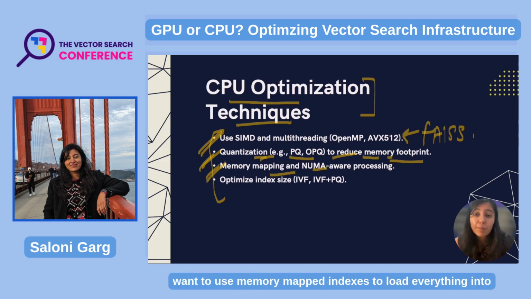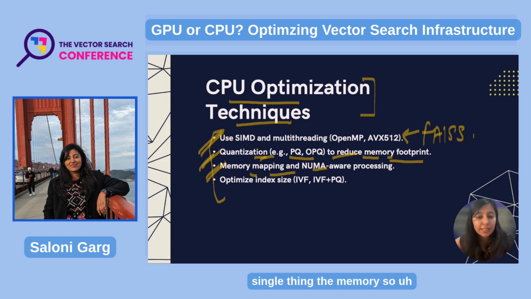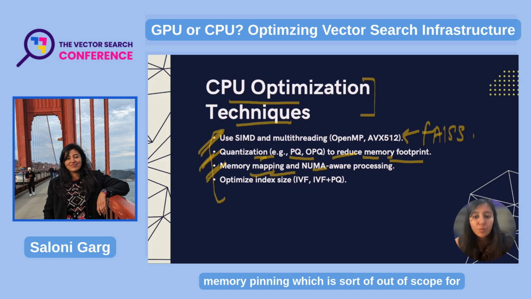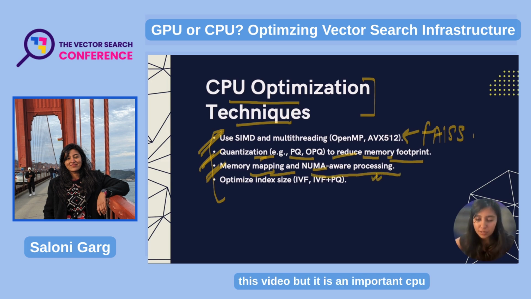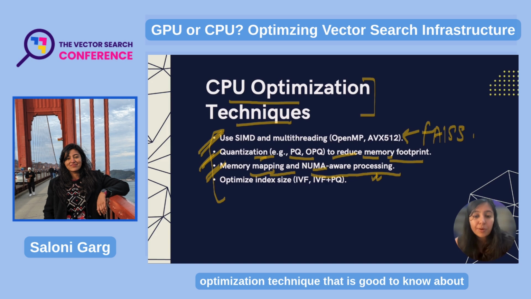So you would want to use memory-mapped indexes, which is really good for large models or sharded deployments, because you cannot just load every single thing into the memory. You should also use NUMA-aware memory pinning, which is sort of out of scope for this video, but it is an important CPU optimization technique that is good to know about.